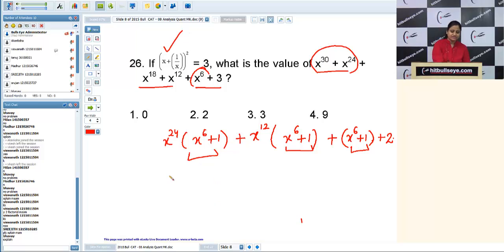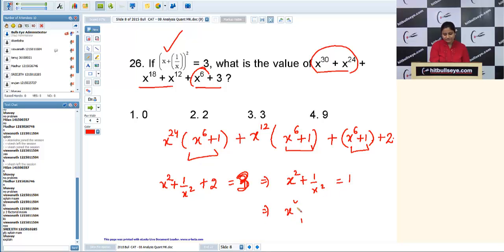Now coming to the given condition, it says x square plus x plus 1 by x whole square. I'm expanding that. Sorry, this is 3. Okay, it will be then x square plus 1 by x square is equal to 1.